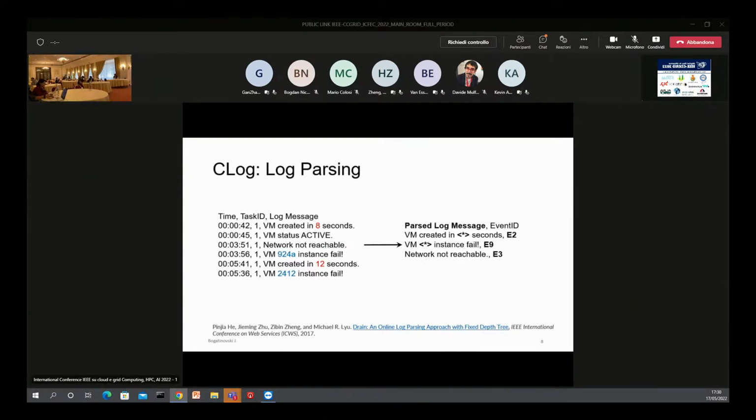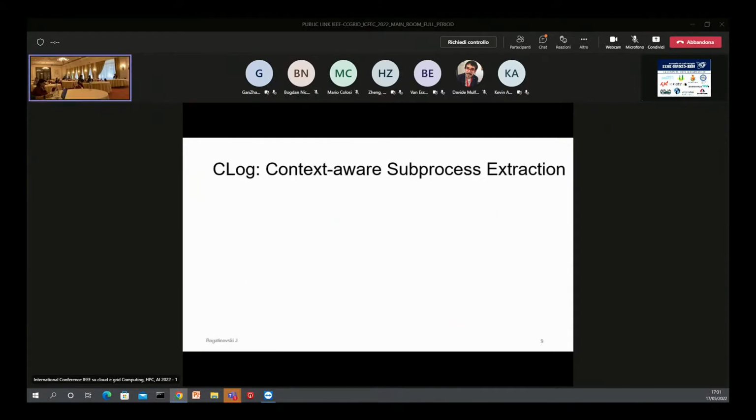For the first line, for example, we have "VM created in 8 seconds", and its representation is "VM created in <*> seconds", with a notation for the parameter. This is what the parsing is doing, and we used Drain as a state-of-the-art parsing method.